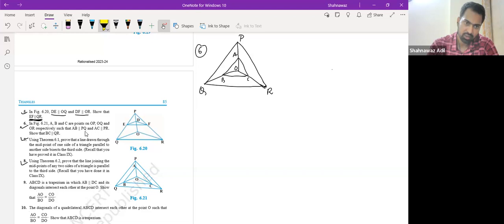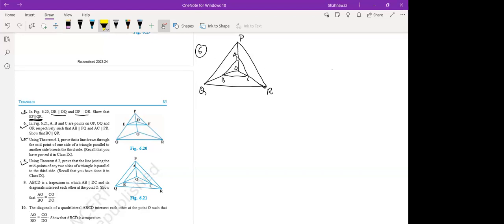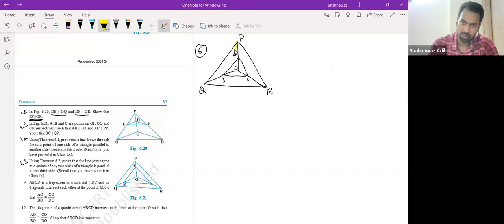So we will use which triangle? POQ. Absolutely right, POQ is the triangle. Let us write that information first, and then we will see what happens next. The idea is that we just collect the information and then see what the end is.